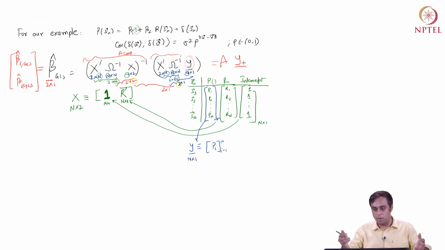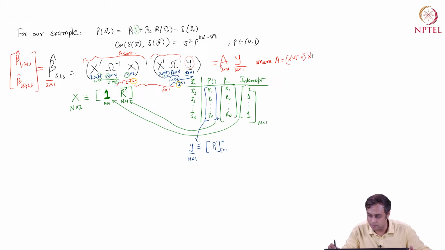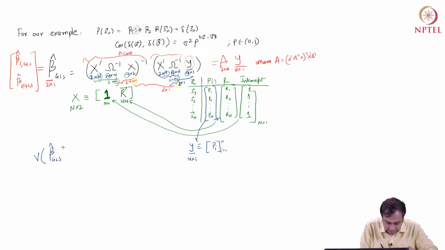So y is n by 1, and here I'm going to have a 2 by n matrix A, where A is nothing but (X' Omega inverse X) inverse X' Omega inverse. Interesting way to view these objects. So having understood that, I can write down the variance of beta hat GLS. Of course, the variance is conditional on the data that is given to me, that is R.